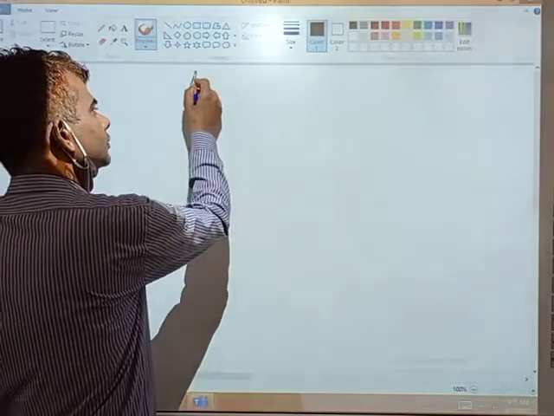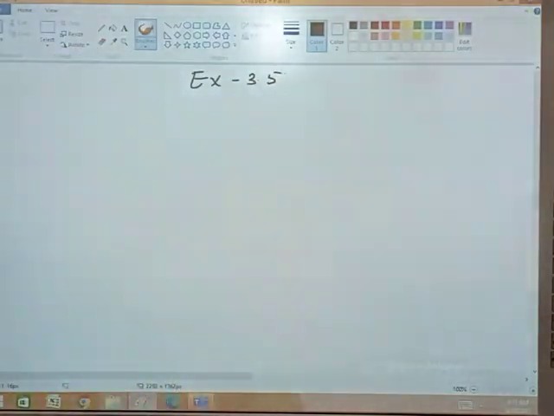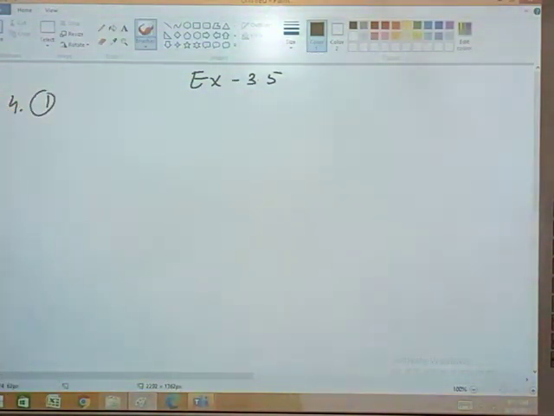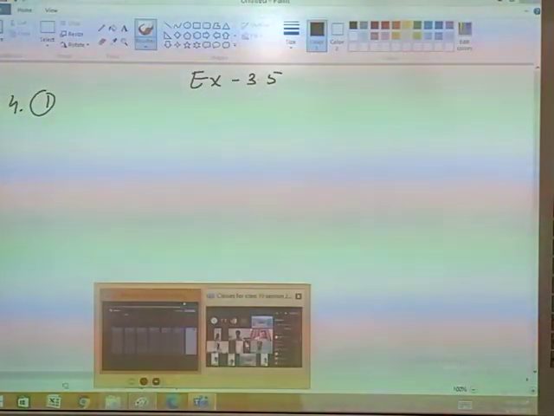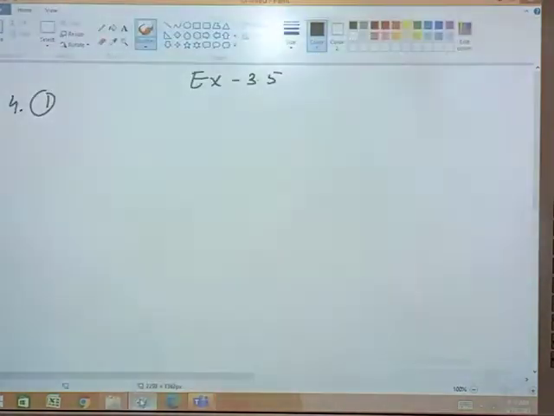Students, exercise 3.5, question number 4, first part.